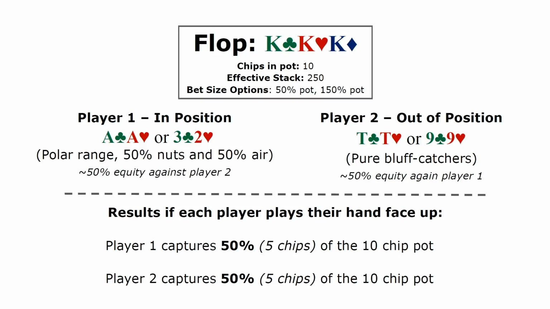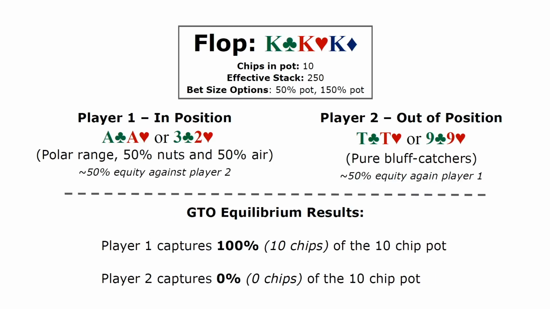However, in poker, you obviously can't see the other player's cards. So what happens in this situation with these ranges when you run it in PioSolver? When you run it in PioSolver, player 2 captures 0% of the pot in the long run. In fact, player 2 has to fold to any bet on the flop.